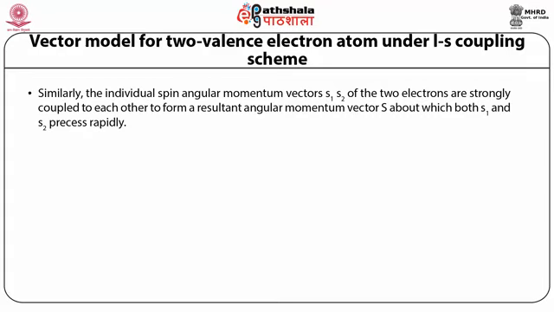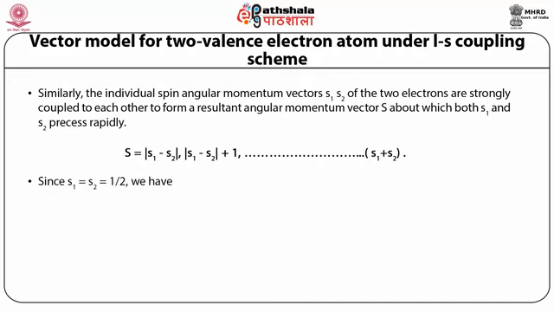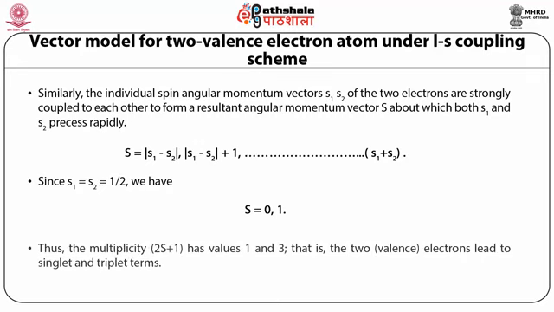The quantum number S can take the values S = |S1 - S2|, |S1 - S2| + 1, ..., S1 + S2. Since S1 and S2 are equal to 1/2, we have S equal to 0, 1. Thus, multiplicity 2S+1 has values 1 and 3, that is, the two valence electrons lead to singlet and triplet terms.